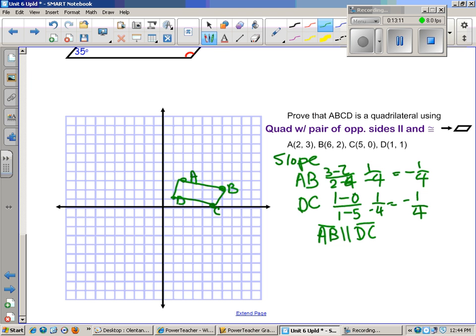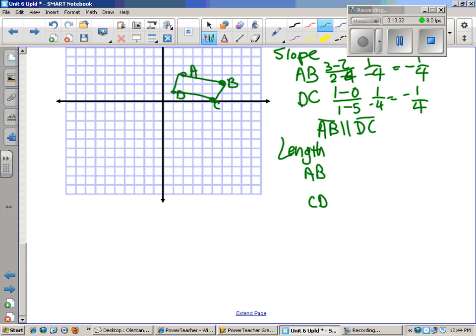All right, now I prove they're parallel. Now I have to prove they're congruent. How do I do that? What calculation? Distance, okay? The distance between 2 points is the length of the side. So I'm going to find the length of AB and CD. Okay, length or distance is the big giant square root.